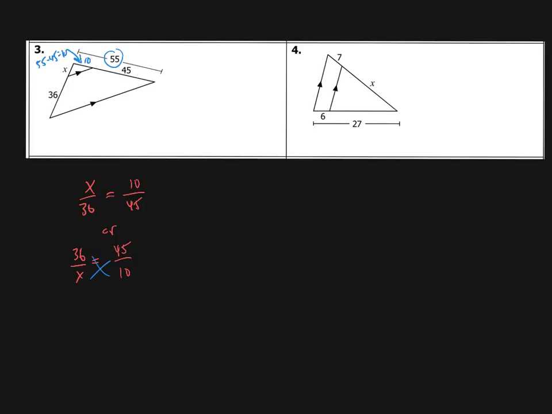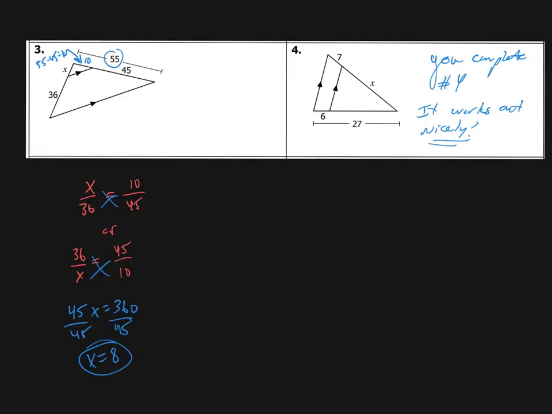Either way, you'll notice I have 10 times 36 is equal to 45x. So 45x is equal to 360, divided by 45 on both sides. And 360 divided by 45 gets us x equals 8. And we're done.